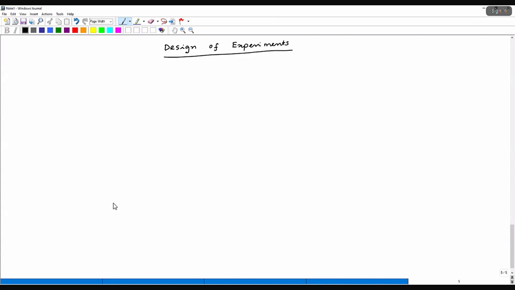If you want to look at each one of these parameters at every level of its value, let's say the fuel flow rate, you can vary it over a large range.